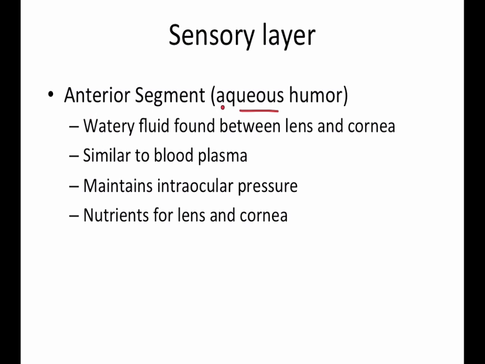The aqueous humor is a watery fluid that's found between the lens and the cornea. It's similar to blood plasma, and so it really is watery. Okay, this maintains intraocular pressure, and it allows for nutrients for the lens and for the cornea.